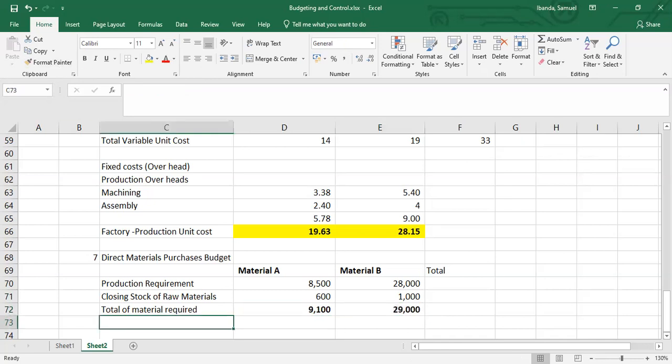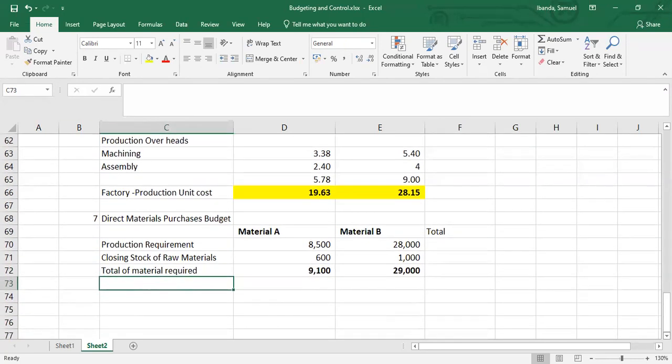Now we shall look at what we started with. Remember, this is a continuous business. We have something that we started with in terms of our opening stock. So I'll go on to less my opening stock of raw materials.